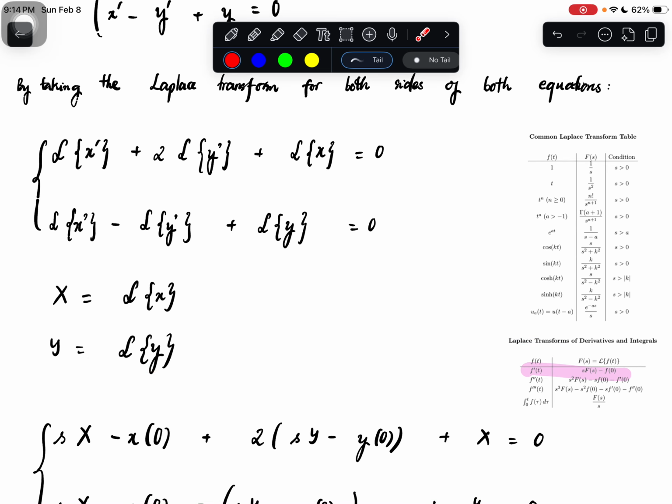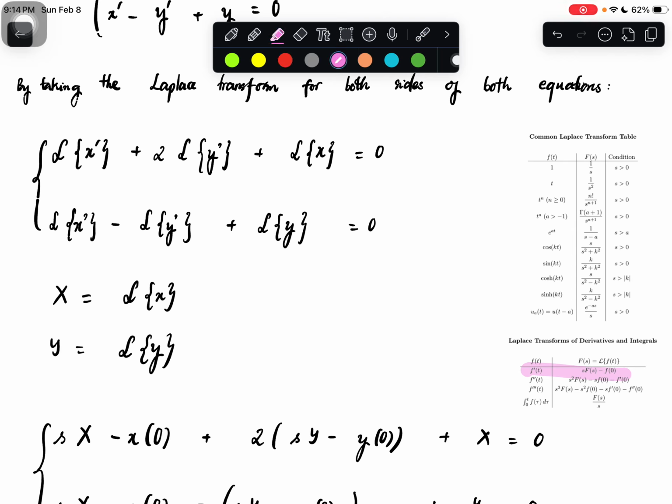So the Laplace transform of F prime is S times big F minus F of 0. So the Laplace transform of X prime is S times big X minus X(0).